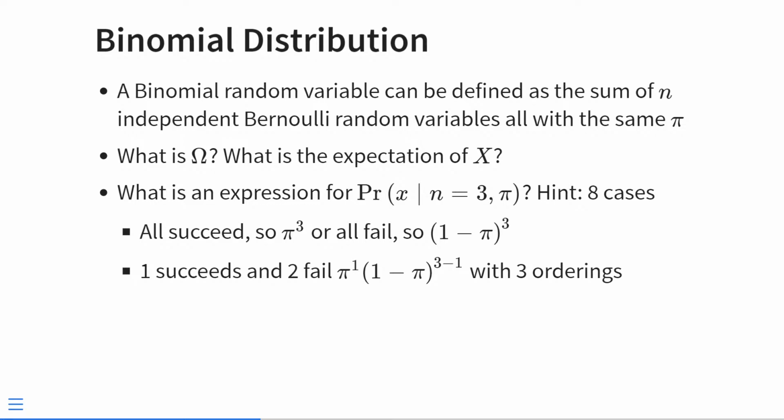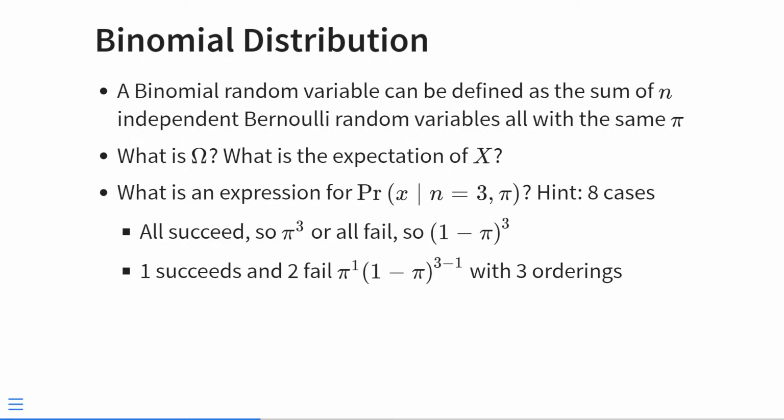But there's 3 ways to order 1 success and 2 failures. And the order doesn't really matter, but we need to account for the fact that the first one succeeding and the last 2 failing has the same probability as the first 2 failing and the last one succeeding.